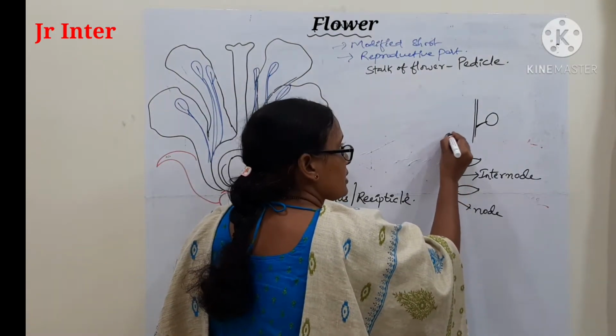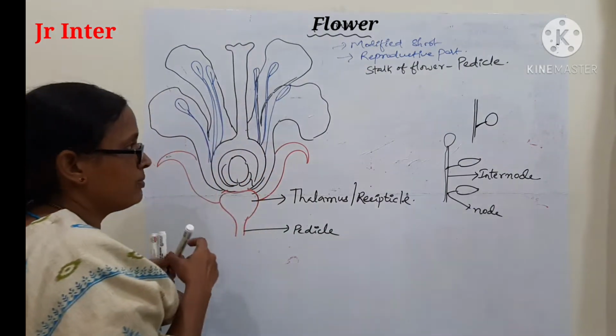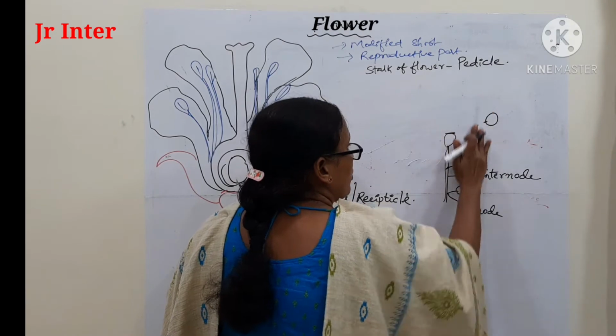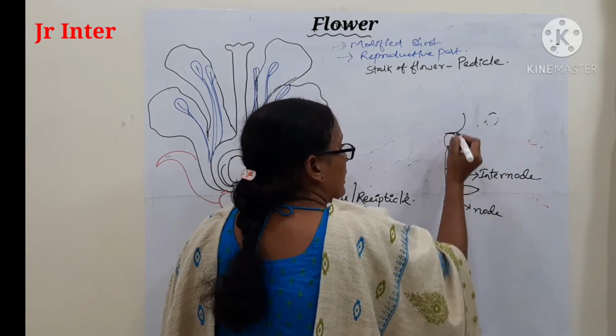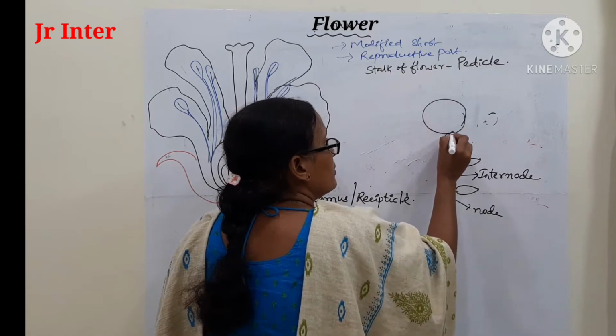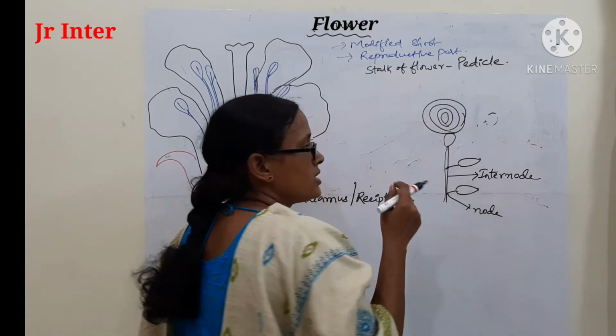This stem is condensed and modified as a receptacle, and all these nodes and internodes form the leaves, or successive whorls.